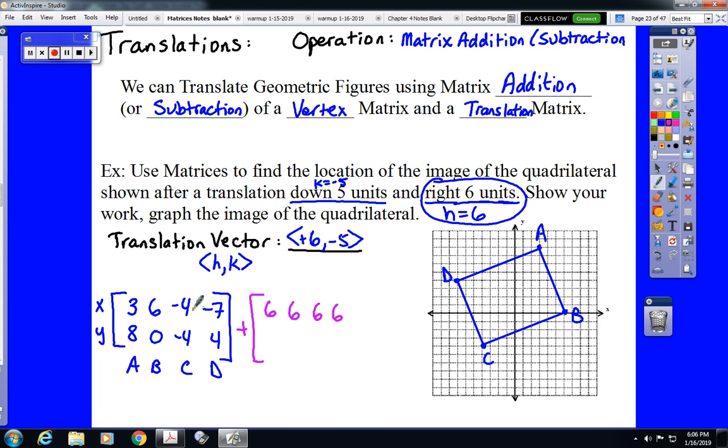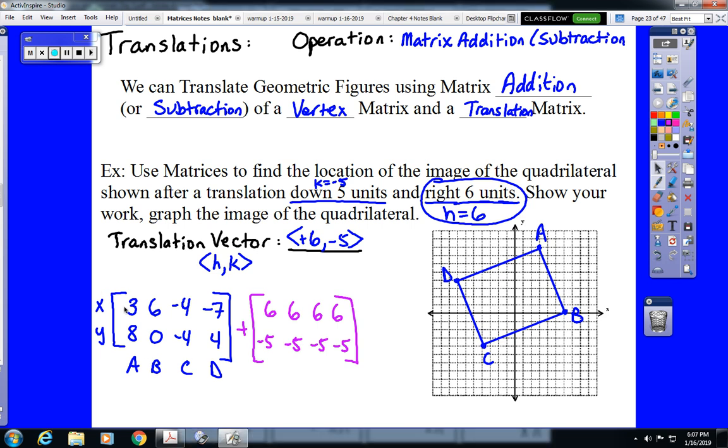Since there are 4 columns, we put 4 6s in that first row. Same for the Y's. We want the Y's to move K units. So since K is negative 5, we put a negative 5 in each of the Y positions in our translation matrix. Now when we do that, the end result is that we will be adding these together.